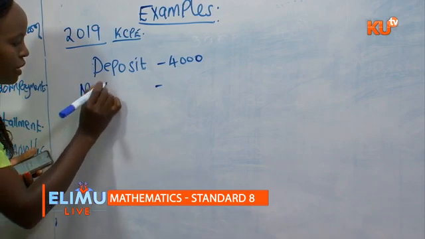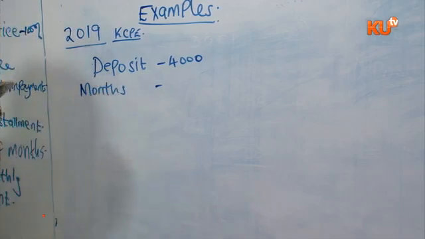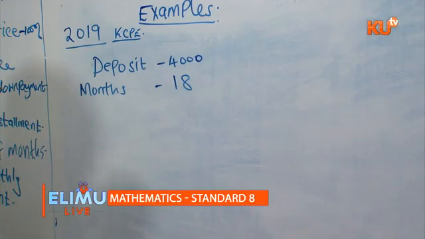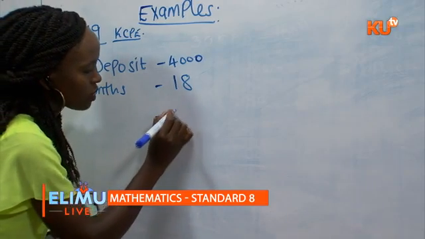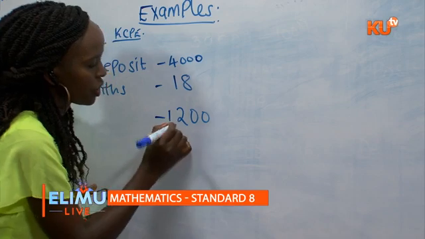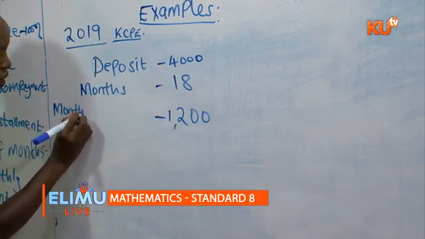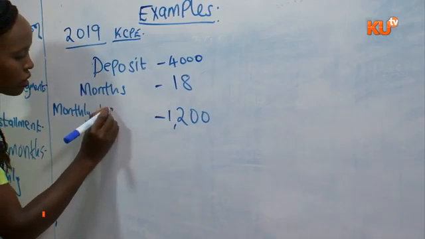The number of months was 18, and the installment was 1,200 each. So this was the monthly installment.